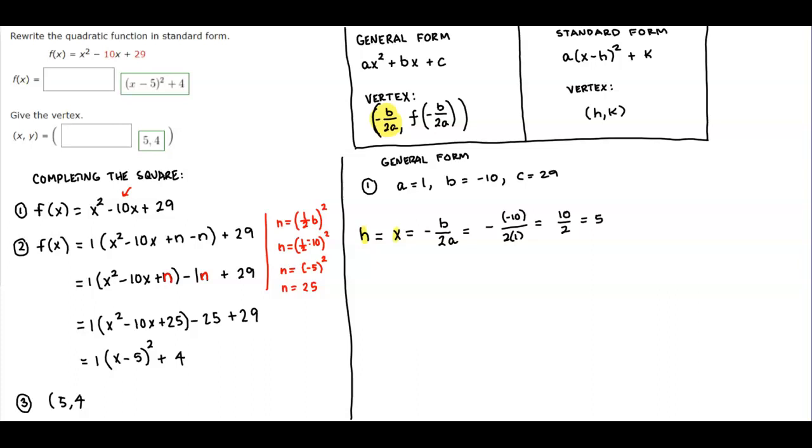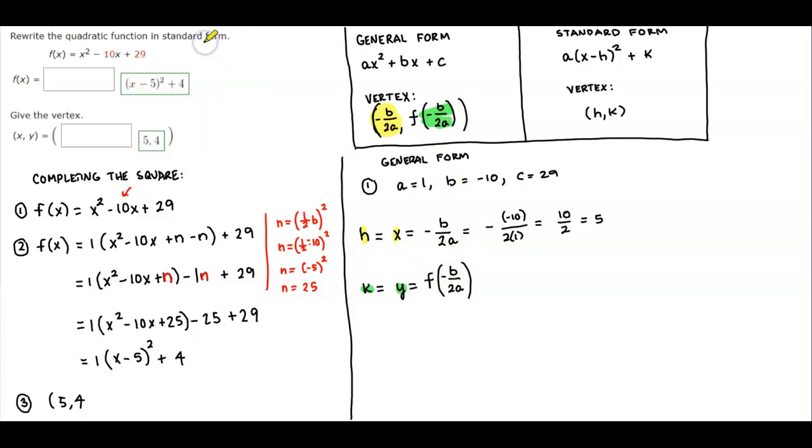Okay, and then we know that k is going to represent y, and y is f of whatever we get for negative b over 2a. And let's just verify this up here. We can see that k is going to equal y, and the y coordinate is f of negative b over 2a.